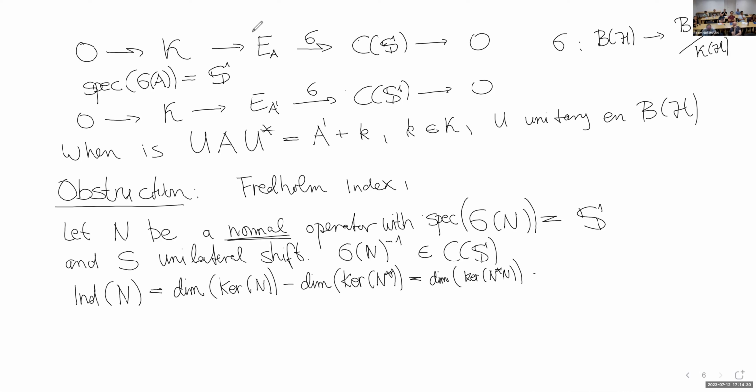And again, the kernel of n star is the kernel of the modulus. Here you see that it's normal, it's n star n. So any normal Fredholm operator has index 0. And the index of the shift, you know, is -1.